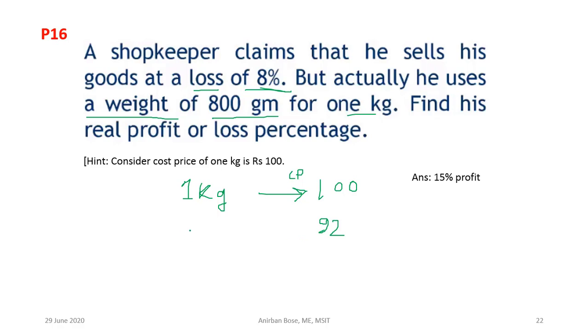But he is claiming 1 kg, but actually he is not giving 1 kg, he is giving 800 gram. So 800 gram actually he is giving at 92. The question is then what is the price of 1000 gram? The price of 1000 gram is simply using unitary method, you find out what is that.